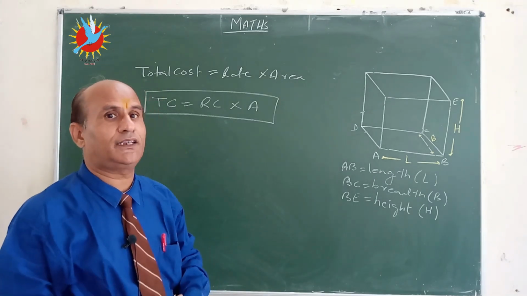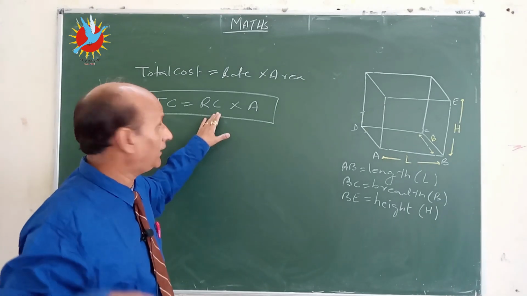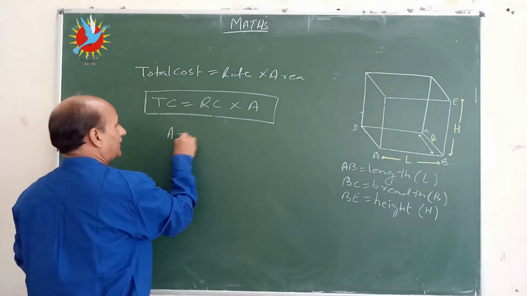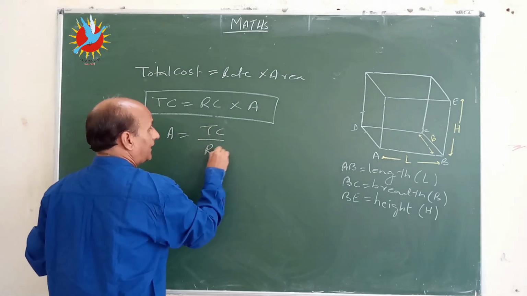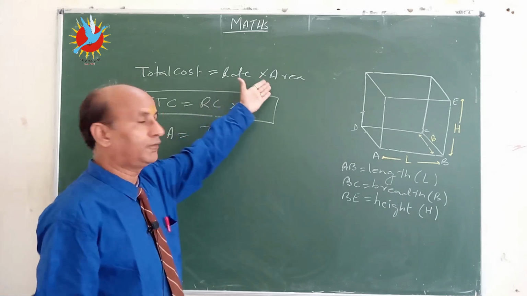Now this formula is very important. Suppose total cost and rate of cost are given and you are asked to find the area, then area is equal to total cost divided by rate of cost. In this way also you will get the area. What area? Area of the four walls.